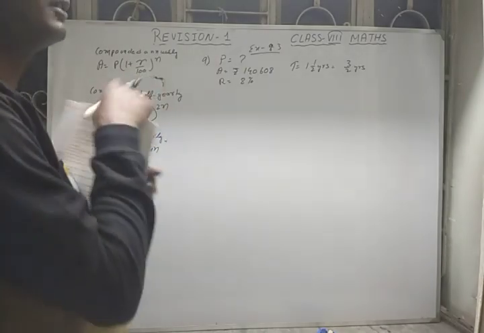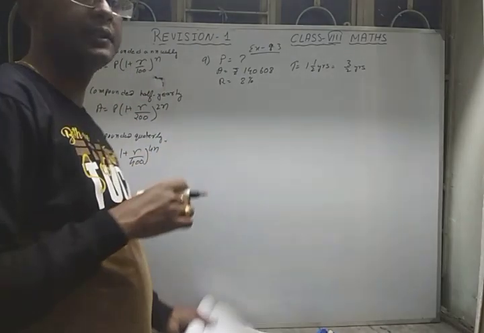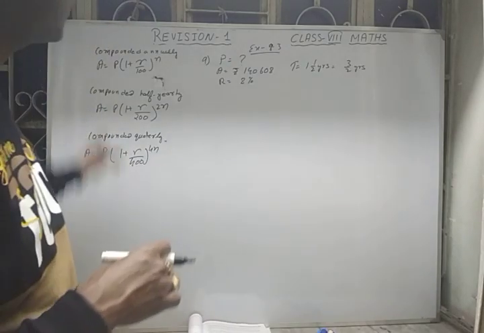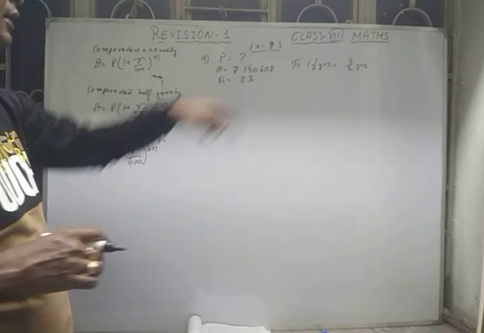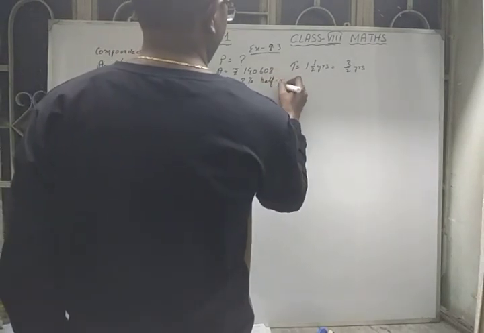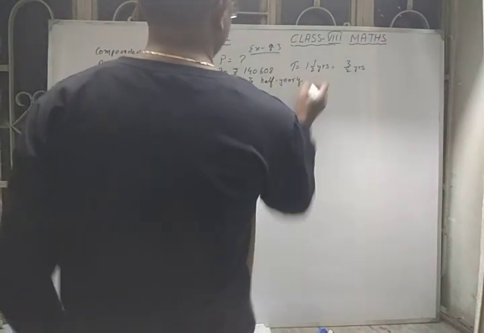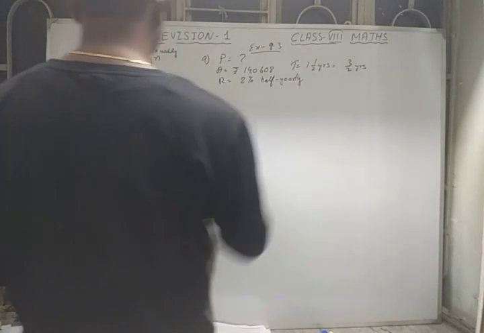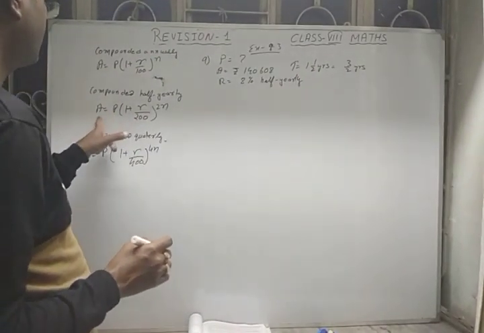Now you have to find the principal, and the amount is given, so we don't have any separate formula to find the principal. Since it is calculated half yearly, we have to use the half yearly formula.